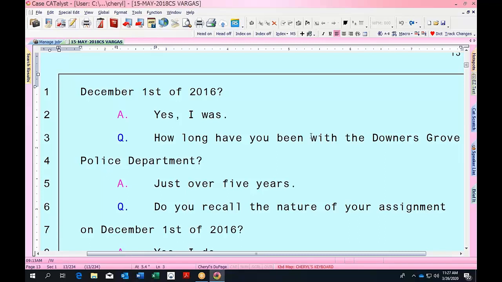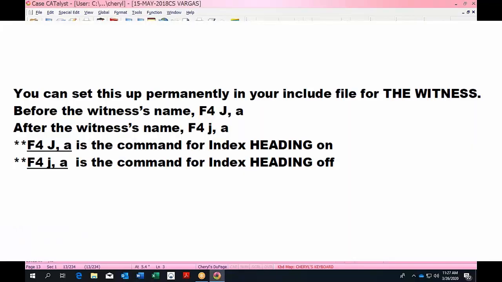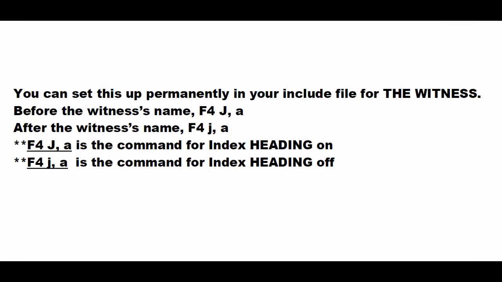I'm going to go to the sheet that I created here. Basically, this Word document is telling you how to make the simple index. Before the witness's name, it's F4, capital J, the letter A. After the witness's name, it's F4, lowercase j, the letter A. Those are for the heading, so that's for the witness.